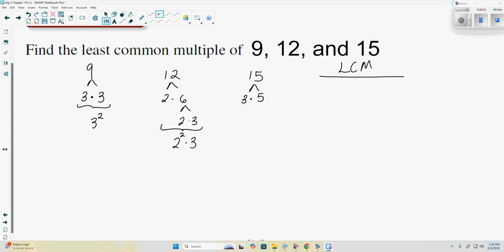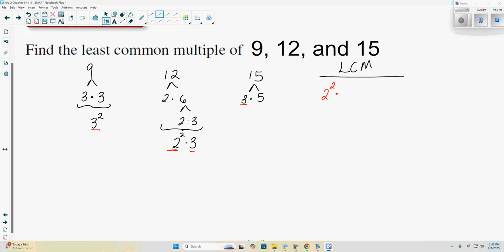So when we look through these here, we can start with 2. The only number in our group of 3 that has factors of 2 is our 12, and we have 2 of them. So 2 squared would be part of the least common multiple. Now we can look at 3. 15, 12, and 9 all have 3 as a factor.